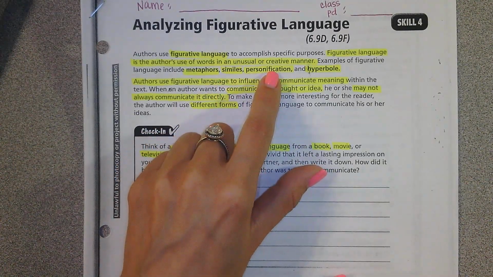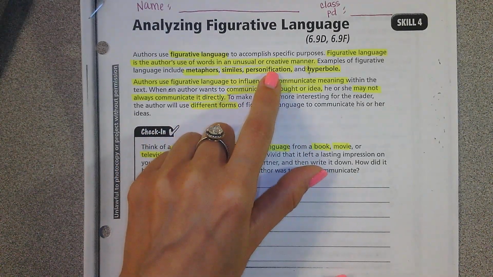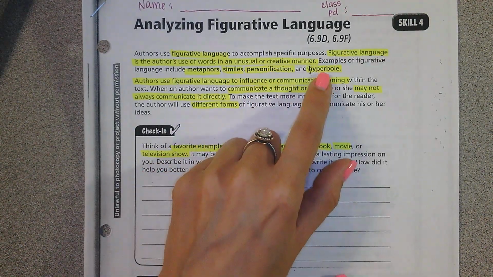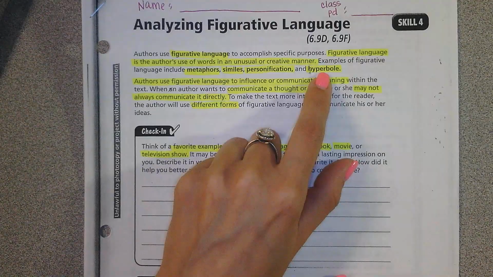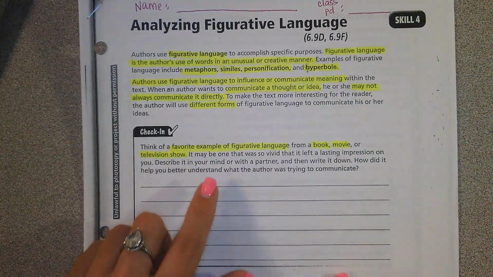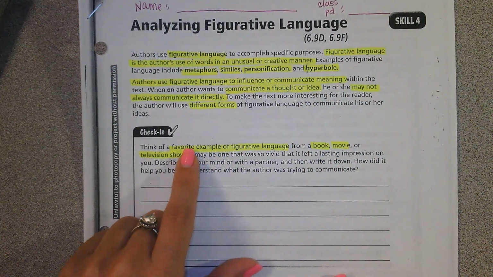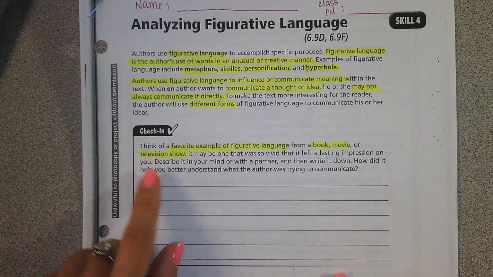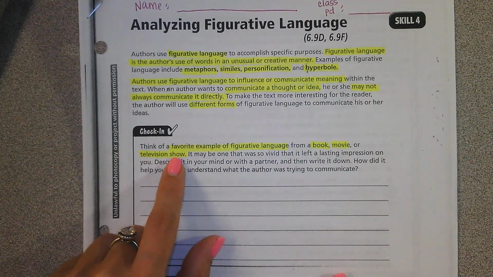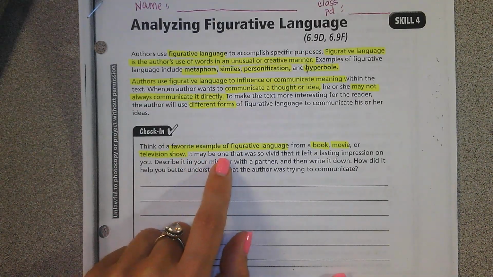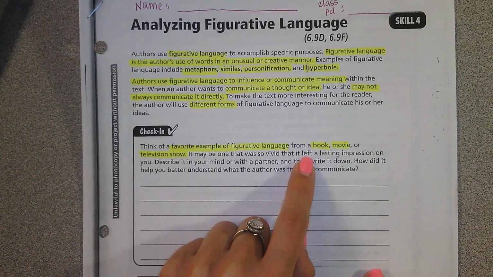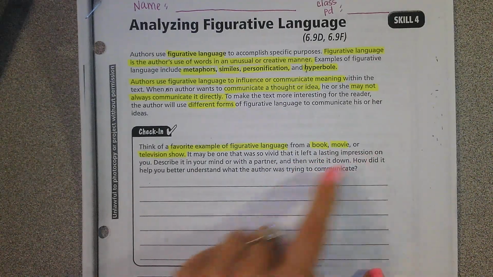It can be personification. Maybe you've watched a movie that uses a lot of personification, or it can be an exaggeration, a hyperbole of some sort. So you're essentially going to think about your favorite example of figurative language, from a book, a movie, or a television show. It may be one that is so vivid that it left a lasting impression on you.